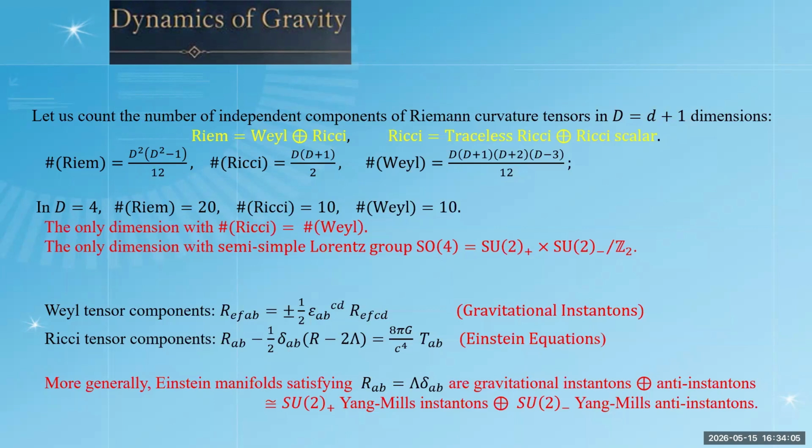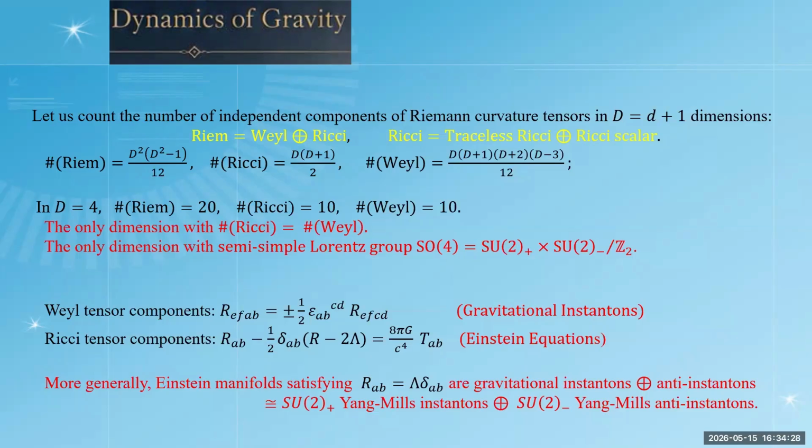because it is related to the instanton structure and the chiral fermion eventually. This Weyl component is described by the self-dual equations. It is called gravitational instanton. And this Ricci part is described by the famous Einstein equations.